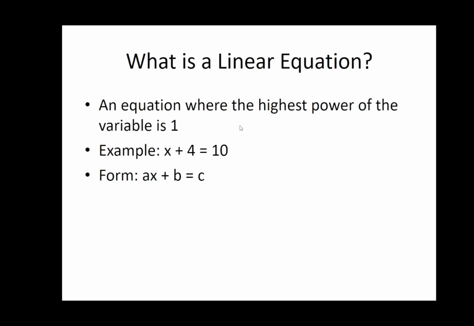It is an equation where the highest power of the variable is 1. An example is x plus 4 is equal to 10. The common form for a linear equation is ax plus b is equal to c, where a, b, and c are arbitrary constants.